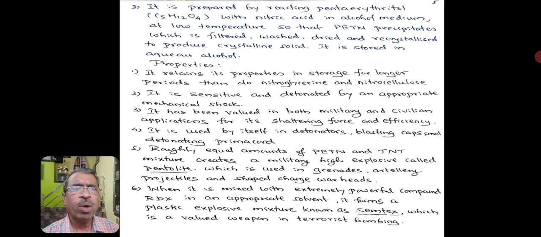Roughly equal amounts of PETN and TNT mixture creates a military high explosive called pentolite, which is used in grenades, artillery projectiles, and shaped charge warheads.